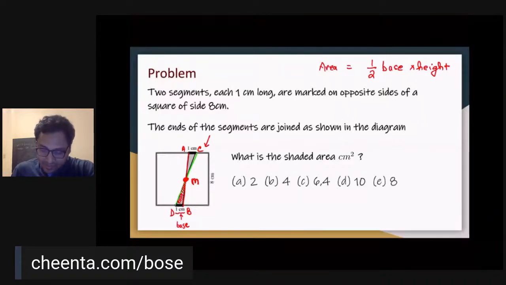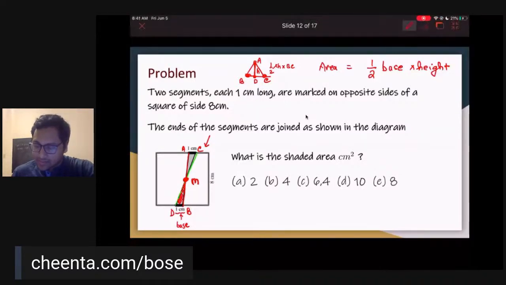So basically, if you have a triangle like this, ABC, and if you drop a perpendicular, let's call that H, then the area of the triangle is half times B times H, right? Okay, great. Now, I want to find out the area of the red triangle.